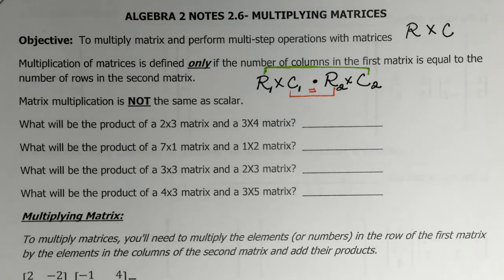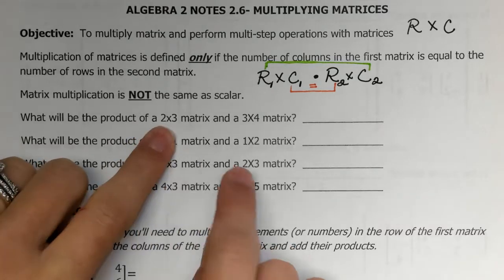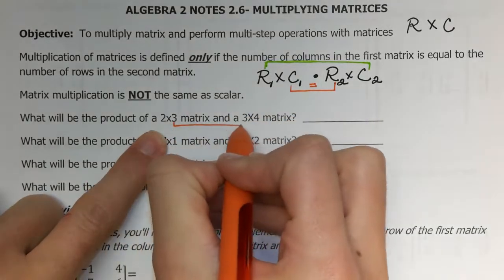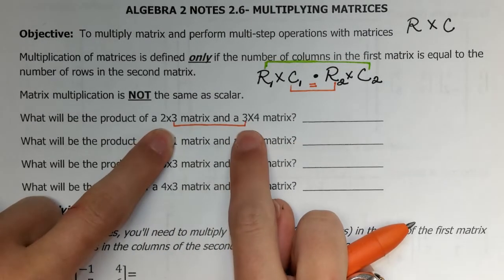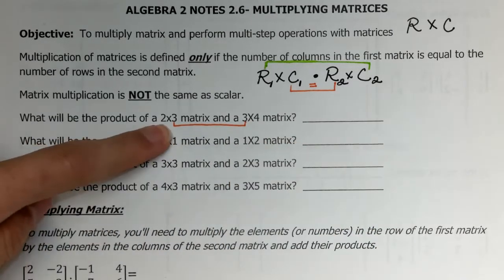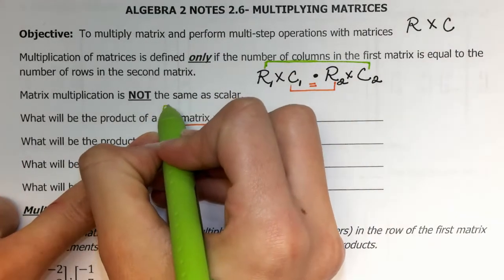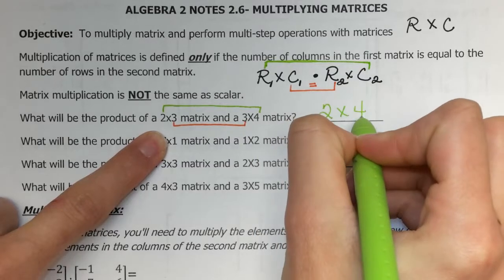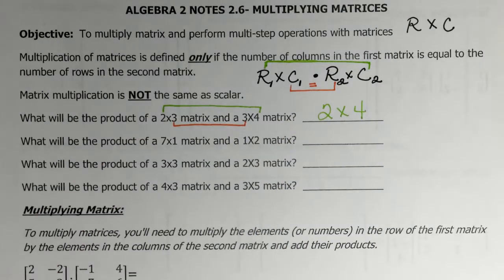Okay? So if I multiply a 2 by 3 and a 3 by 4, I'm looking at these inside numbers. Are those the same? Yes, so I can multiply them, and my product matrix is going to be a 2 by 4. Okay?